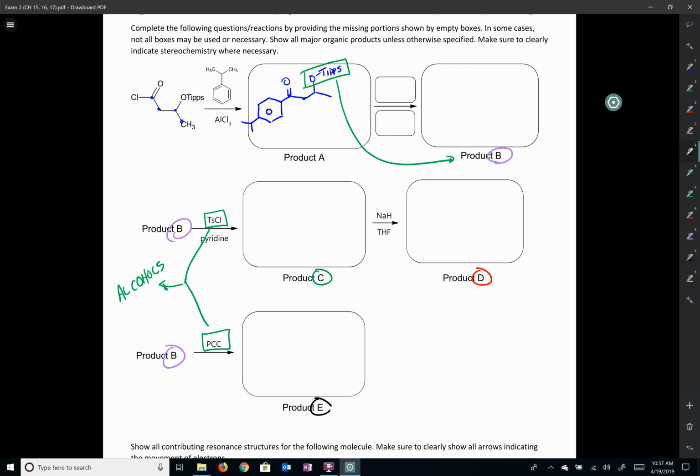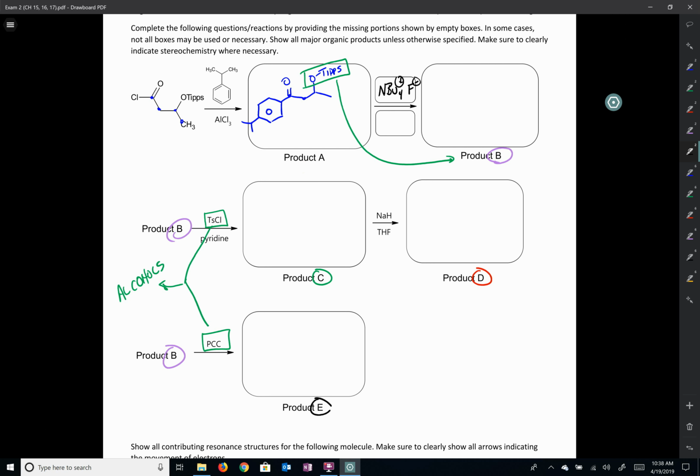So anyway, our task is to make an alcohol, and we have to get rid of our TIPS group. Now, our TIPS group, remember, is a triisopropylsilyl group, and one of silicon's best friends is fluorine, so we need some kind of fluorine source there to get rid of that TIPS. The one we learned about is tetrabutylammonium fluoride, NBu4+ F minus, with some kind of solvent.